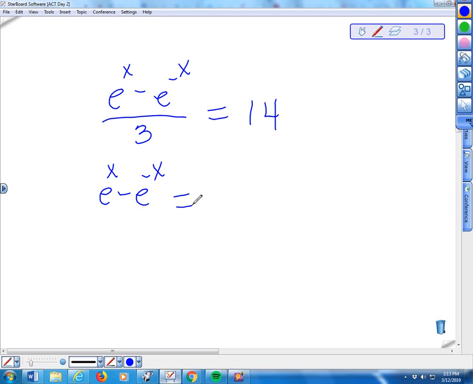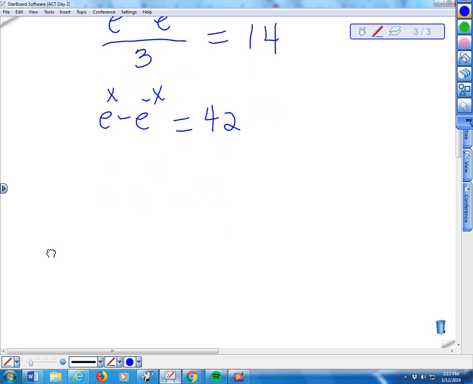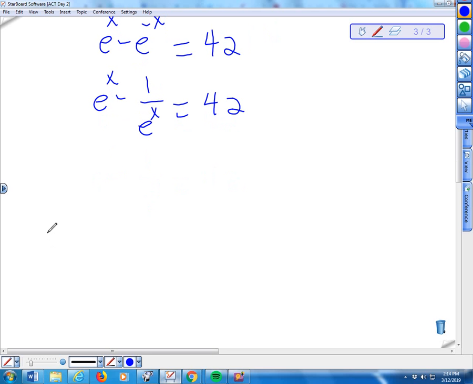What is that? 42. Now what? What does e to the negative x mean? So what do I do on this side?